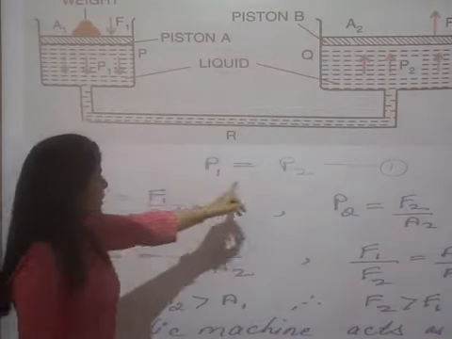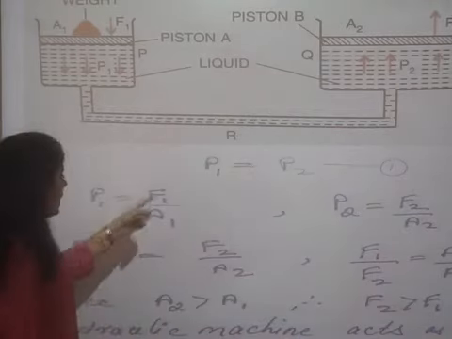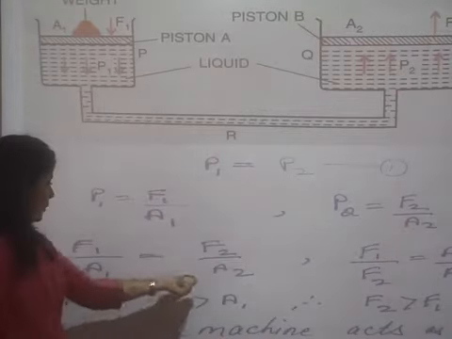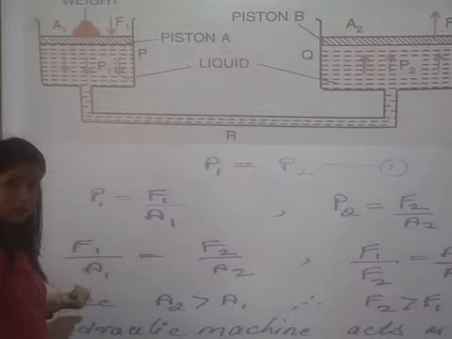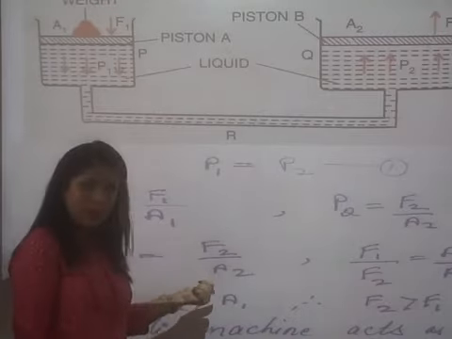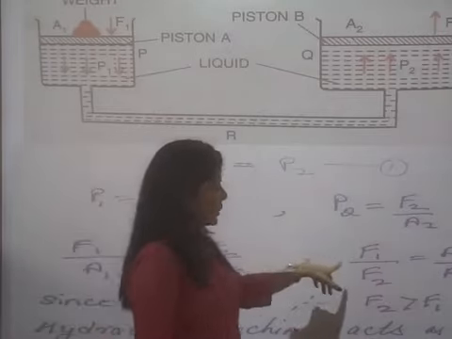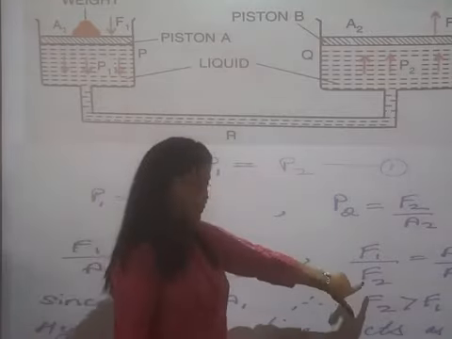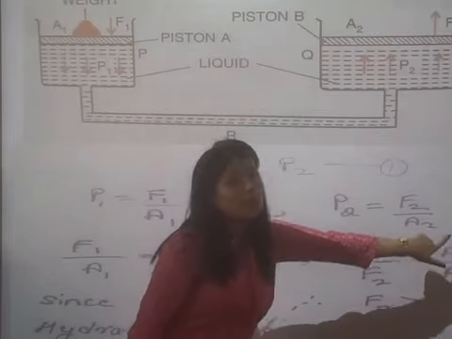Now, I have told you P1 is equal to P2, that is why F1/A1 is equal to F2/A2, which is written over here. Now, cross multiplication, simply cross multiplying these two things. F2 goes in the denominator, A1 goes in the numerator.